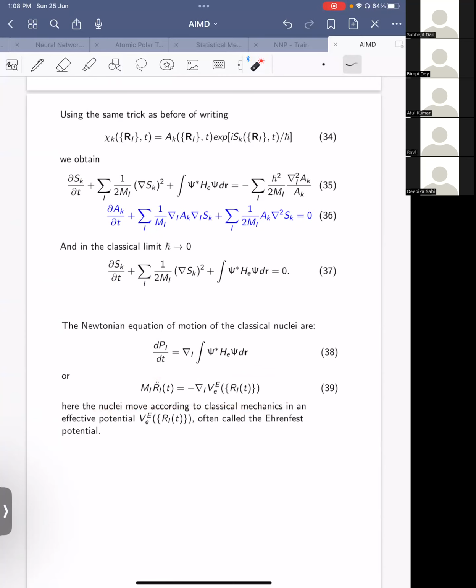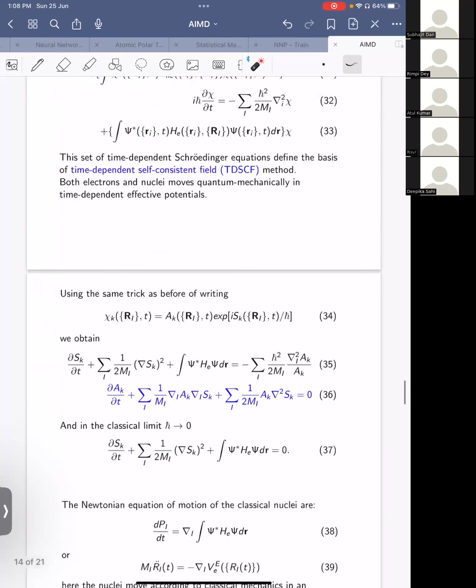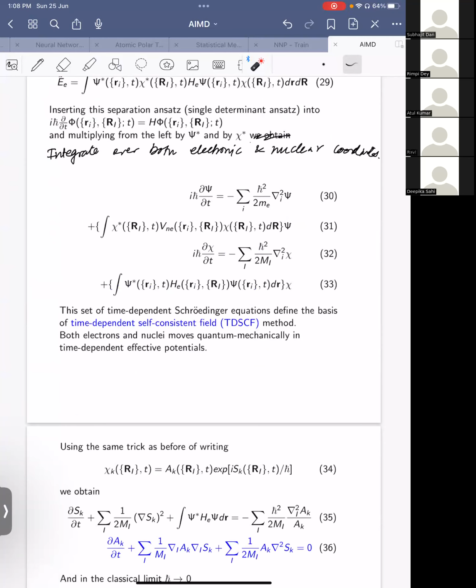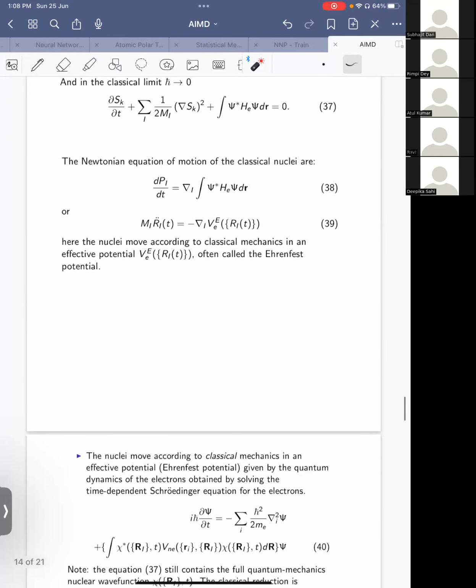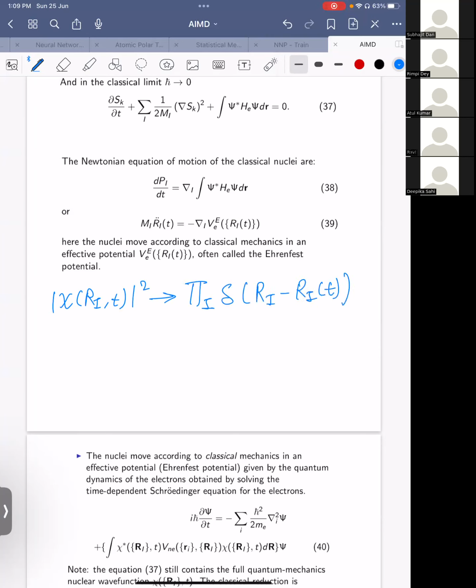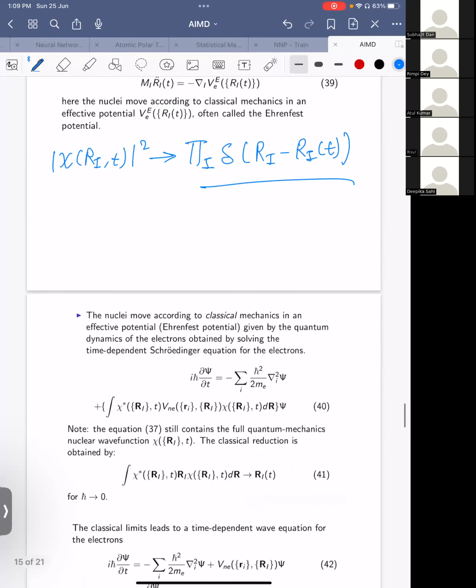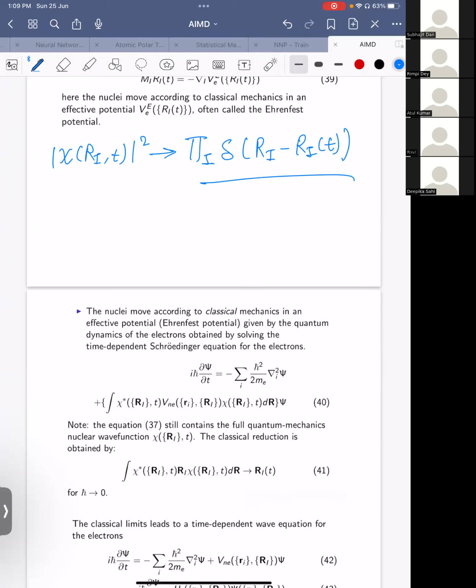This potential we have to calculate using the electronic wave function, and if we look at this equation, the electronic wave function is still dependent on the wave function of the nucleus. Because the nucleus is not a quantum particle anymore, we have to transform our nuclear wave function, this probability, in the classical limit, so that we can have our nucleus as a classical point particle.